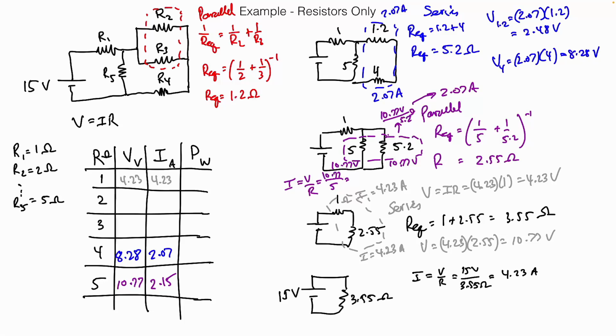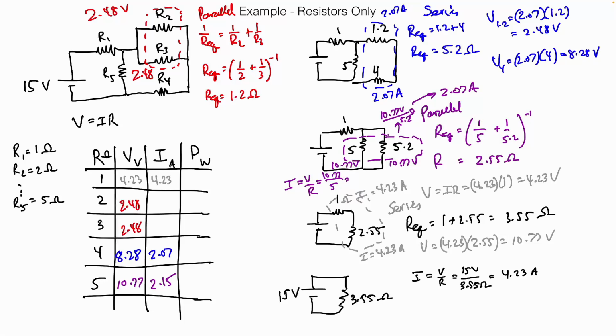Okay. So what's the last one that's not real? It's this one right here, isn't it? The 1.2. And it was a parallel combination, wasn't it? So what's the same in parallel? The voltage. What's the voltage that I have for the 1.2? It's 2.48 volts, isn't it? So both of these have 2.48 volts in them.